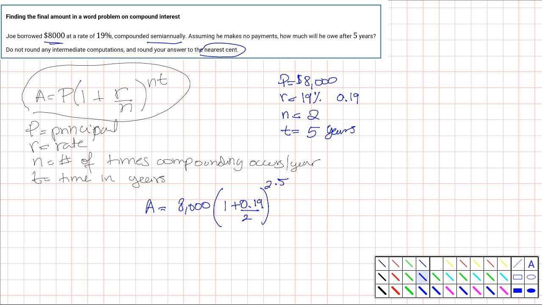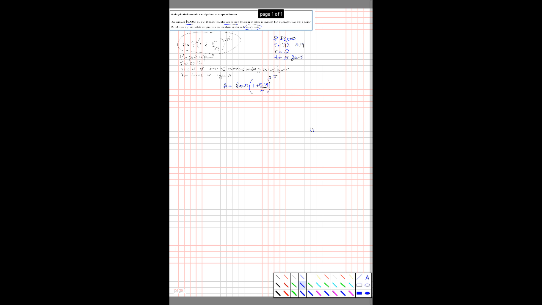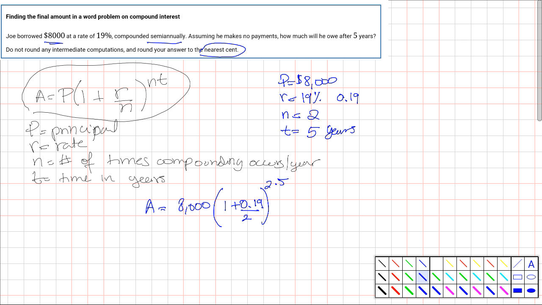Once you put it in your calculator, you want to write 8,000 times, open parentheses on your calculator, 1 plus 0.19 divided by 2, close parentheses, raised to the 10th power.